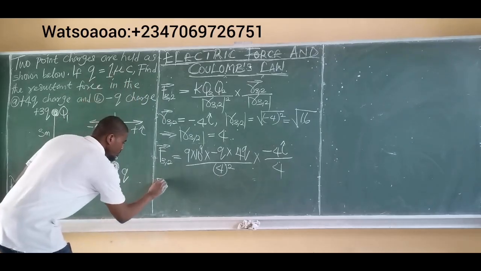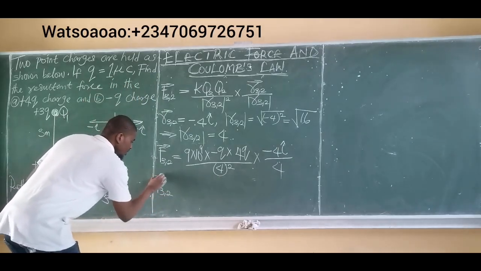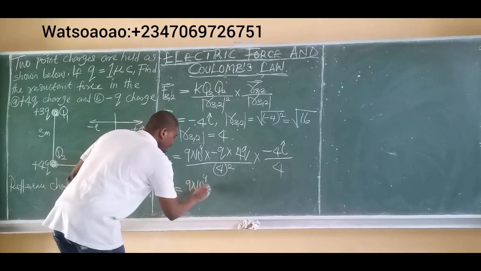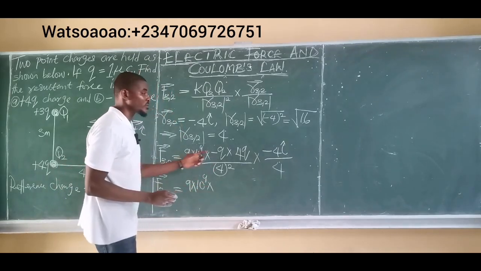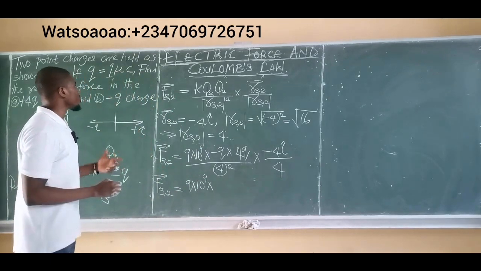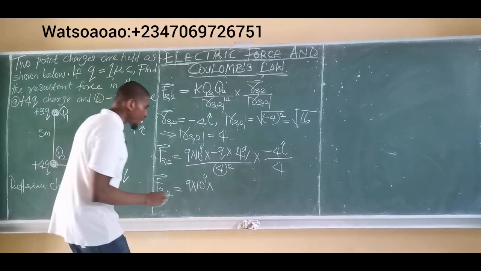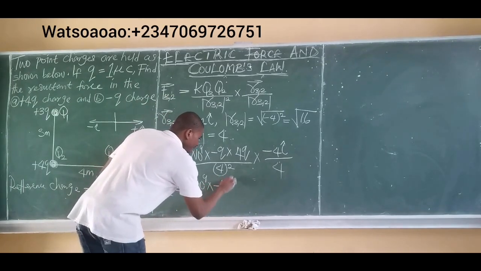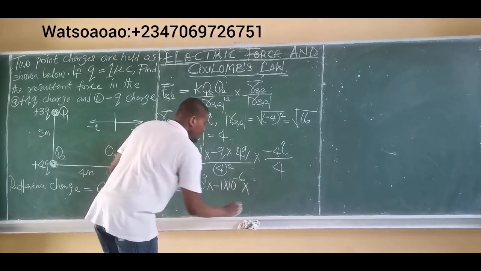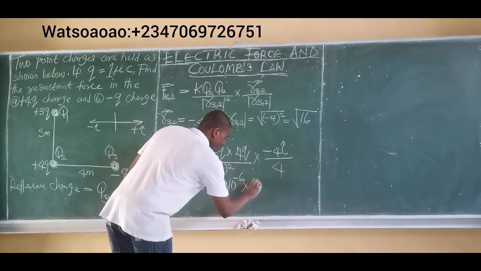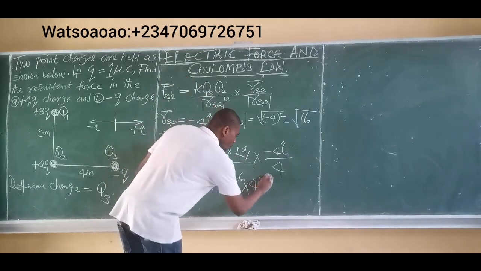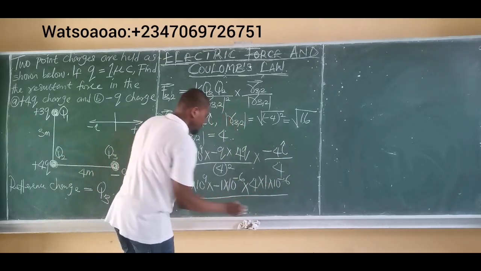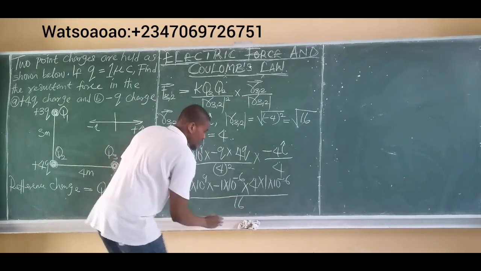So the force of attraction between charge 3 and 2 is equal to 9 by 10 to the power of 9 multiplied by negative Q. From the question, Q was given as 1 microcoulomb, so put down your negative sign: minus 1 by 10 to the power of negative 6, multiplied by plus 4Q, that's 4 times 1 by 10 to the power of negative 6, all over 4 squared, which gives us 16.